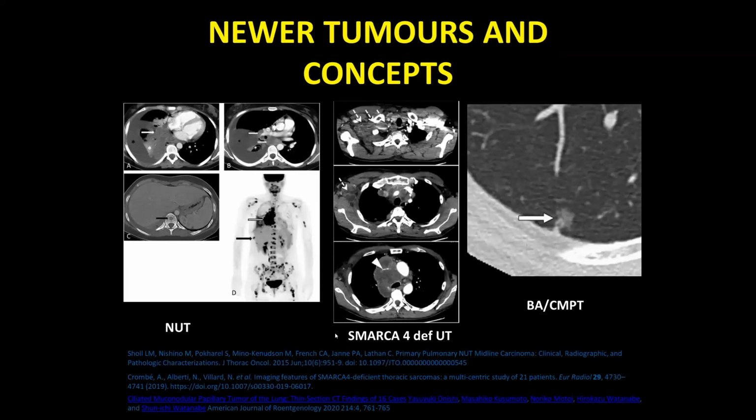What are the newer things recently introduced in 2021? Actually, NUT carcinoma, midline NUT carcinoma, is not new, but I thought I'd just create an awareness. This is something related to the testis protein. Midline NUT carcinoma usually occurs in head and neck cancer, but you can also get primary midline NUT carcinoma of the lung.